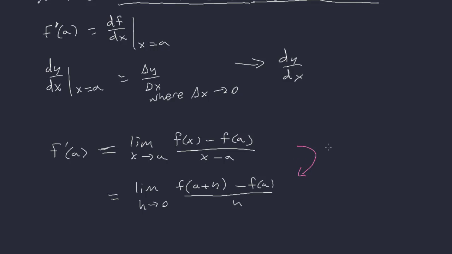Notice this is the same formula where we're just letting x be a plus h and keeping a, because you'll have f of a plus h minus f of a all over a plus h minus a. And so all you're left with on the bottom here is h. And if we're letting x go to a, well, a plus h will go to a as h goes to 0. Right?